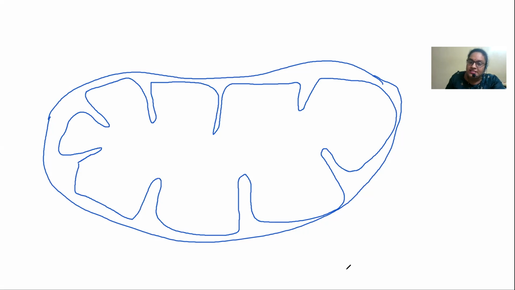What I'm explaining is the electron transport chain, because I told you wherever there is electron transfer, chemiosmosis happens.